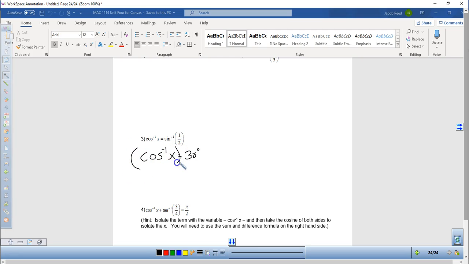And now I can apply my cosine. So x has to be the cosine of 30 degrees. Well, cosine 30 degrees is root 3 over 2.